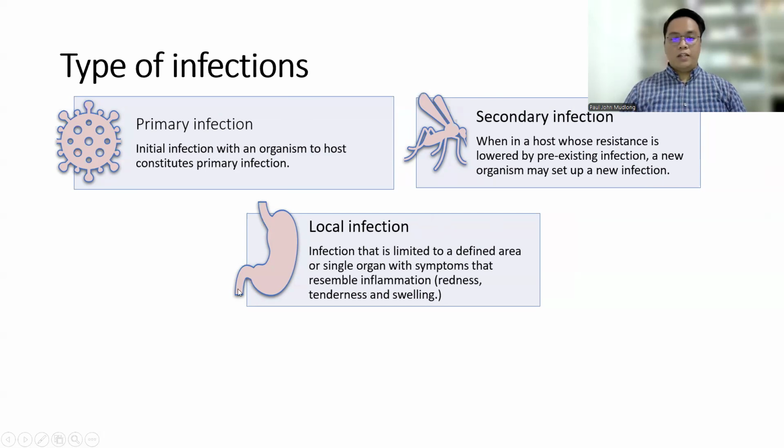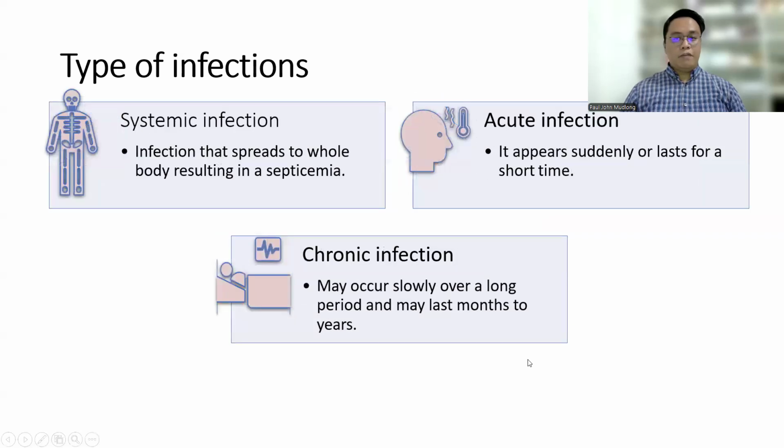Third one would be local infection. Infection that is limited to a defined area or single organ with symptoms that resemble inflammation. As we all know, those are redness, tenderness, and swelling. Another type of infection is systemic infection, an infection that spreads to the whole body resulting in septicemia.